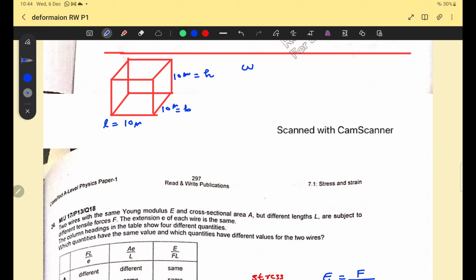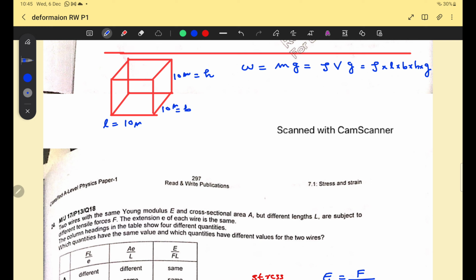And consider its weight. Weight W is equal to mg. Mass is not given, so you can write mass is equal to density into volume. And what is volume? Sir, volume is length into breadth into height, into g. Note down this equation, beta, then we will try to solve that question.